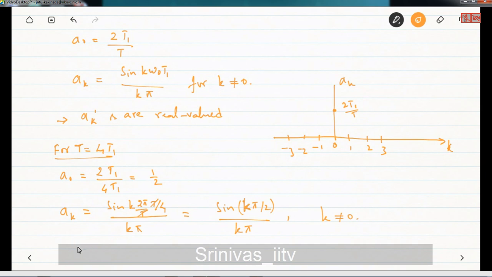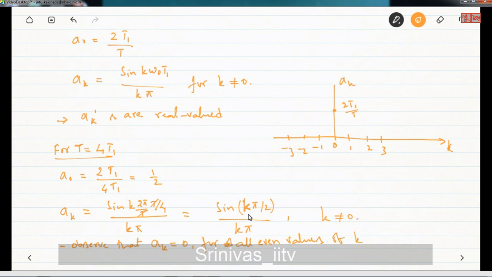And then you can observe that ak equal to 0 for all even values of k.